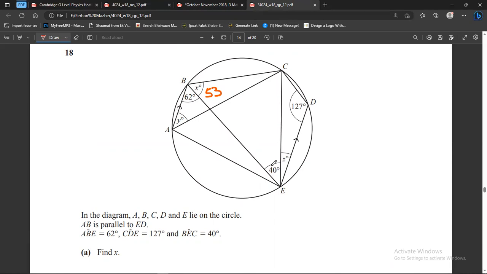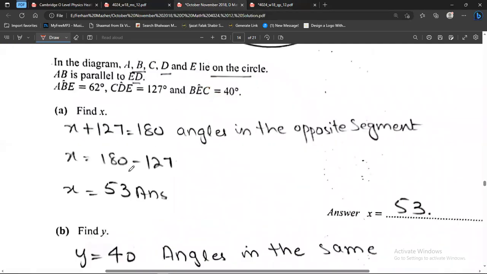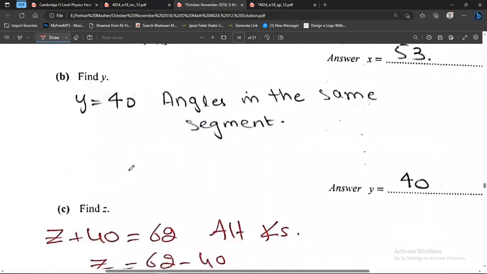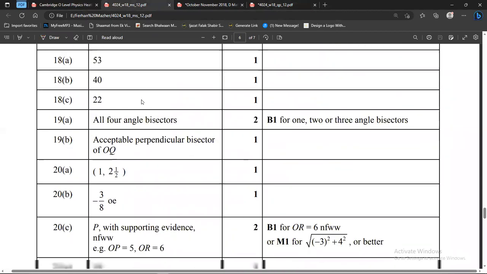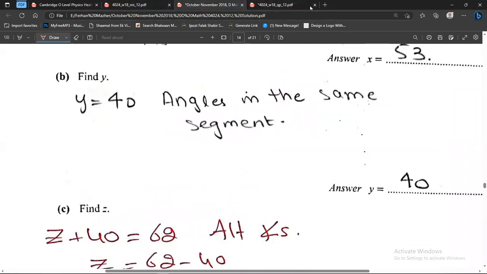Both these angles will be equal to each other because they are angles in the same segment. So Y will be equal to 40, angles in the same segment. So 53 and 40 is the right answer, sir.